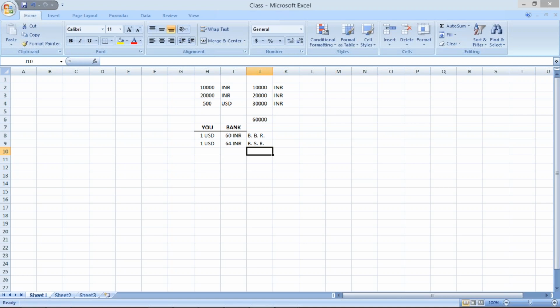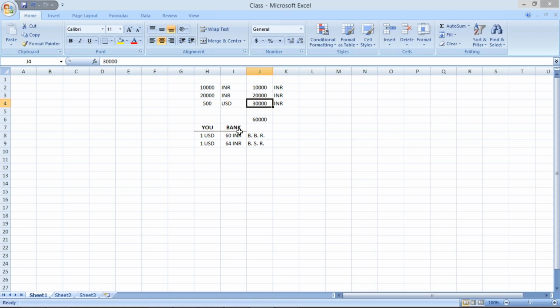Now here the problem for us is, if we are going to maintain a certain rate in SAP, or if we are going to convert this 500 USD into our local currency, then which rate are we going to consider?